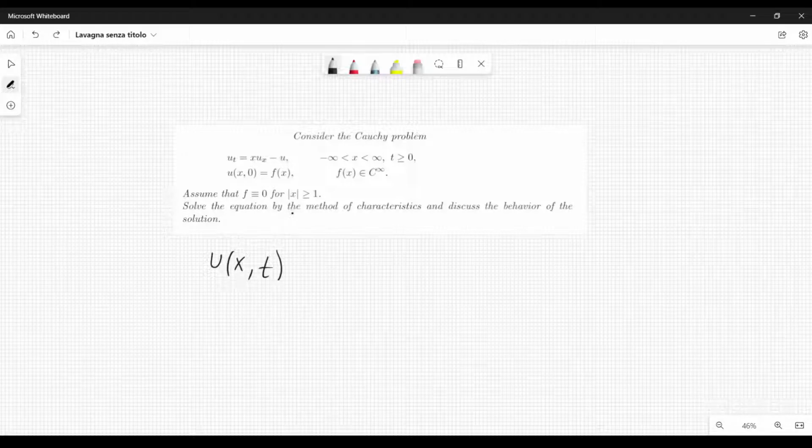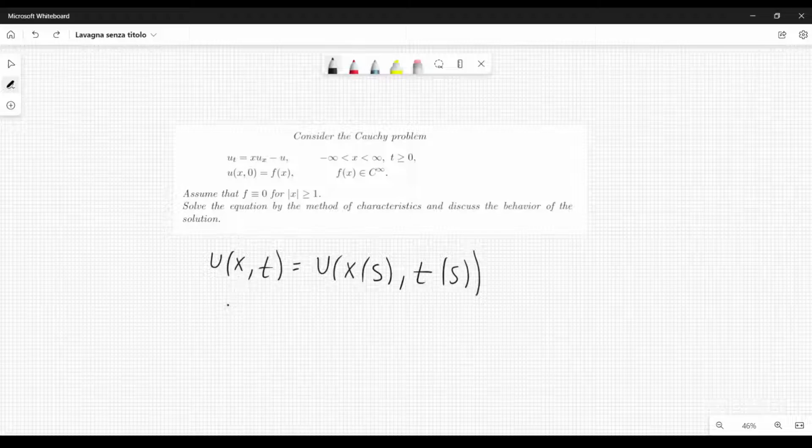We are going to solve this equation by supposing that the variables x and t depend on a parameter. This is the method of characteristics. We are going to assume that u can be written like this: u of x of s, t of s, where s is a parameter that I have introduced. It's as if the points x, t belong to a curve.